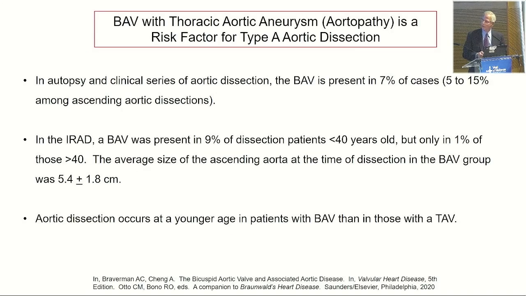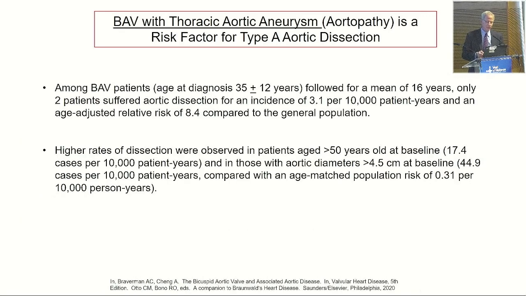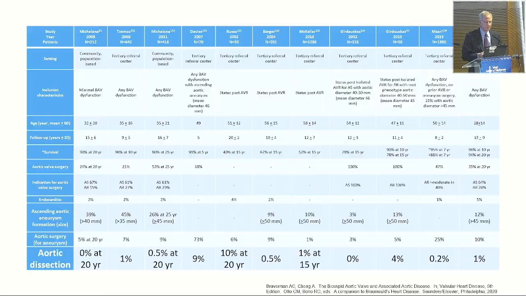The reason for preventative surgery has been emphasized because bicuspid valve with aortopathy is a risk factor for dissection. That risk is small when the aorta is small, but when the aorta is large, there is still a risk. Now, this was already mentioned in the earlier talk about the heightened risk when someone gets older and the aorta gets bigger.